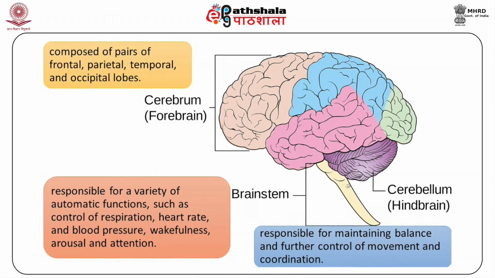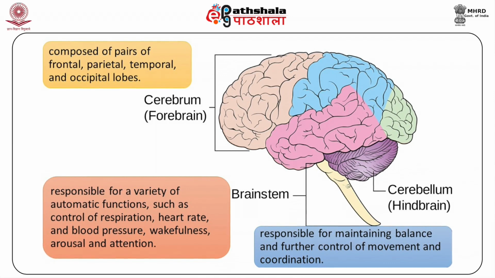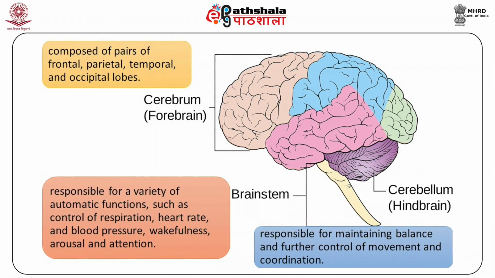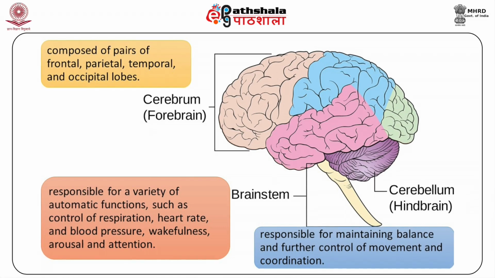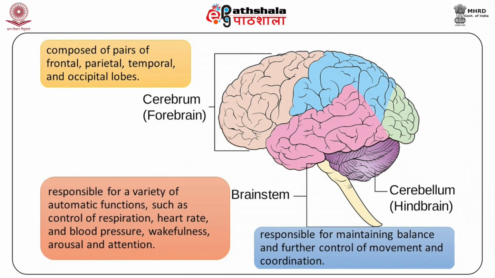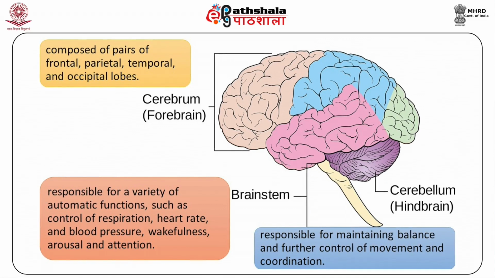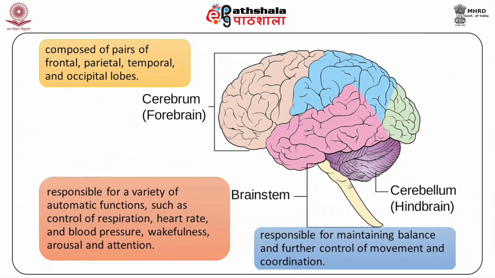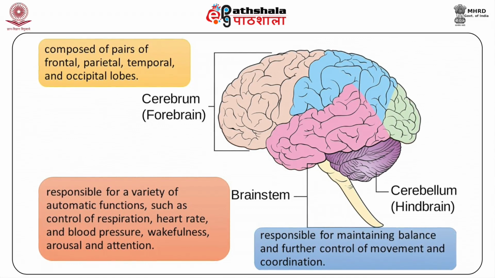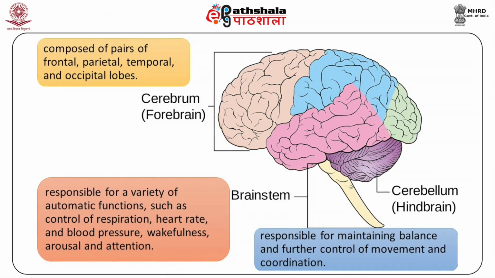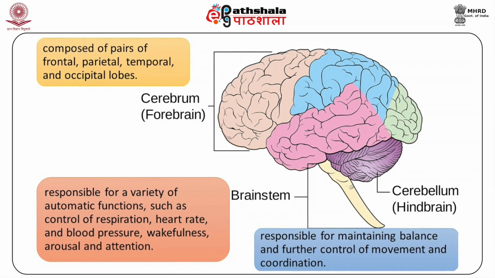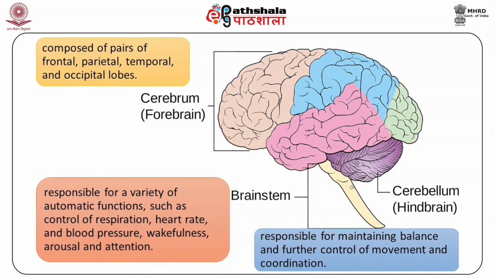It is responsible for a variety of automatic functions such as control of respiration, heart rate and blood pressure, wakefulness, arousal and attention. The cerebrum is divided into a right and a left hemisphere and is composed of pairs of frontal, parietal, temporal and occipital lobes.